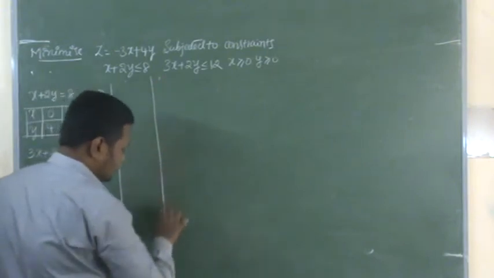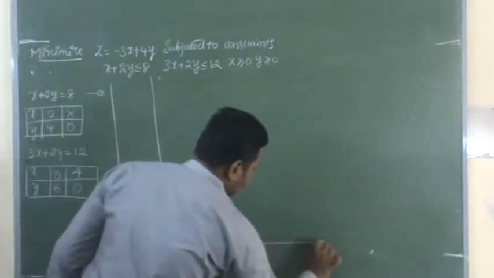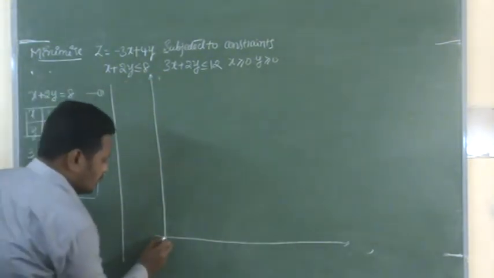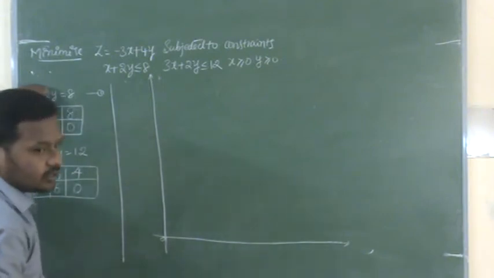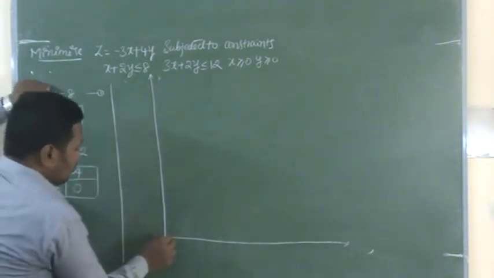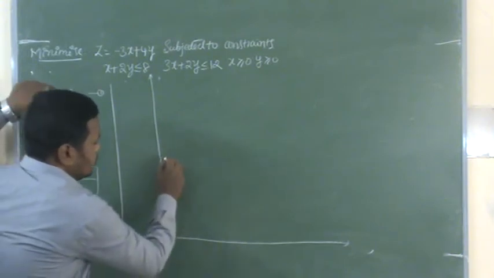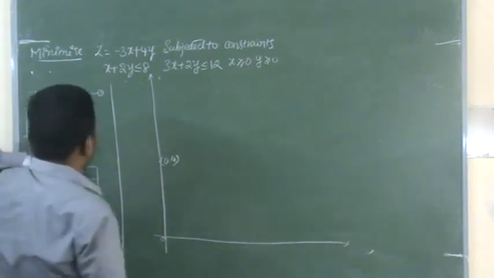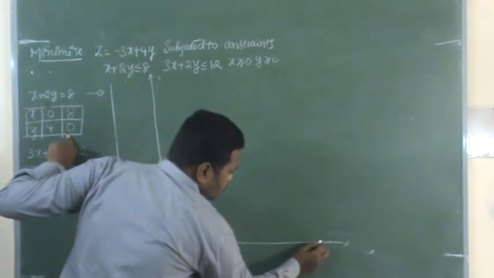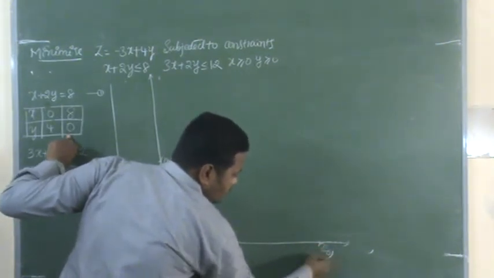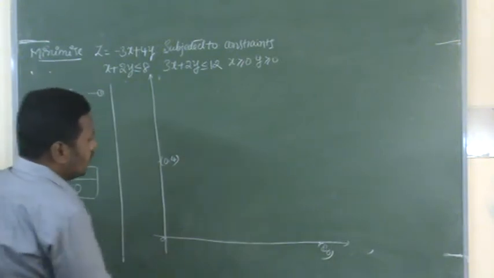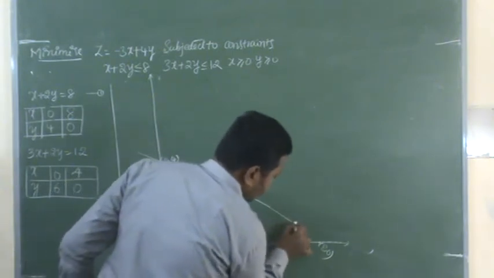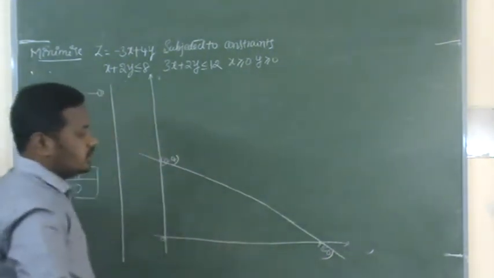Now plot the graph. Okay, so this is the origin. For the first equation, when x is equal to 0, y is 4, so this is 0 comma 4, and when y is equal to 0, x is 8, so 8 comma 0. This is a line. You already did linear equations in first year.